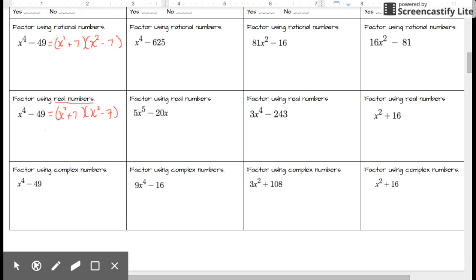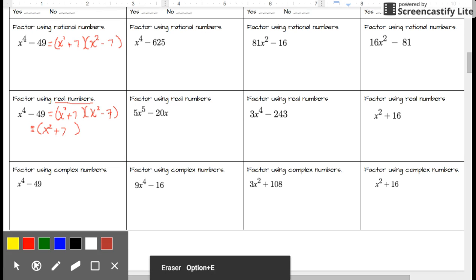But since we can use irrational numbers, then we can still factor x squared minus 7. But x squared plus 7 cannot be factored anymore. We don't factor sum of two squares using rational numbers. We cannot do that. So we'll just keep it x squared plus 7.